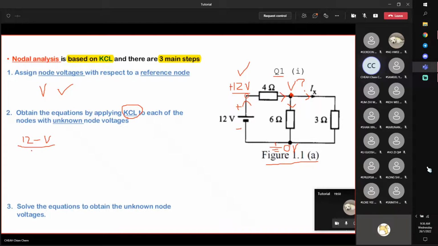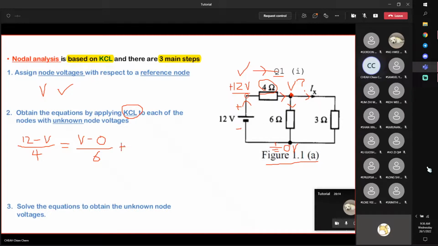Ohm's law says that if you divide the potential difference by the resistance, you get the current flow. So this is the current inflow. And we have the current outflow, which is V minus 0, the voltage V minus the reference, which is 0, divided by 6.